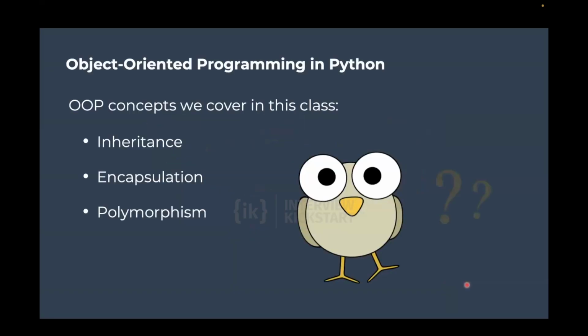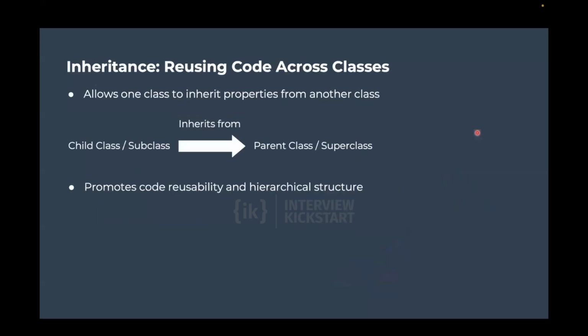The ones we're going to cover in this class are inheritance, encapsulation, and polymorphism. But these are just three of a multitude of such concepts for classes. These are three very important ones, which give you the basics that you need for object-oriented programming.